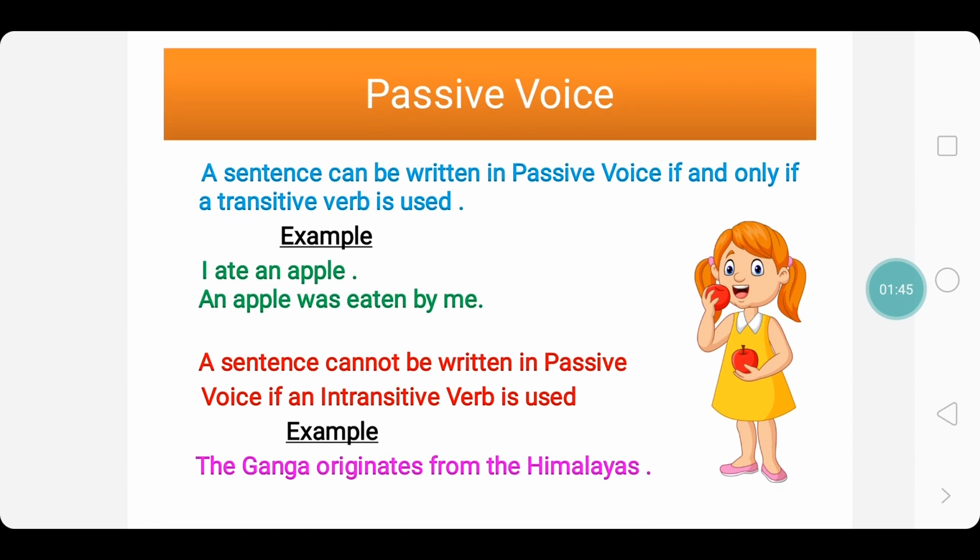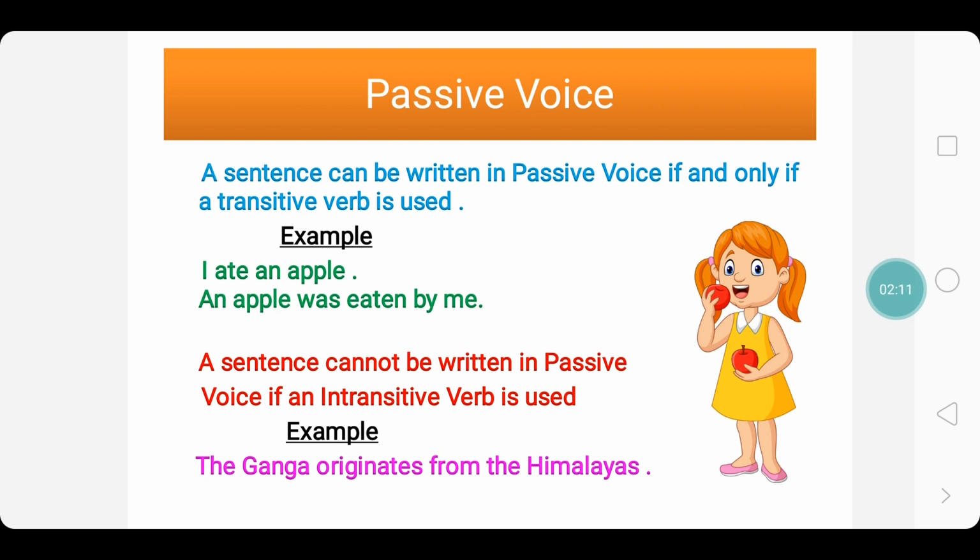Now we move on to the condition in which passive voice is used. A sentence can be written in passive voice if and only if a transitive verb is used. For example, I ate an apple. This sentence consists of the verb ate, which is a transitive verb.